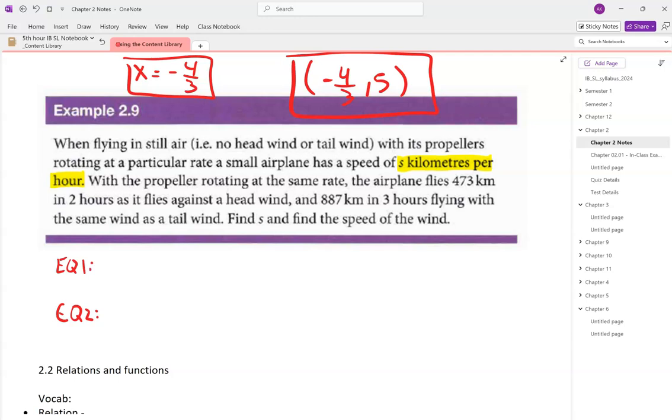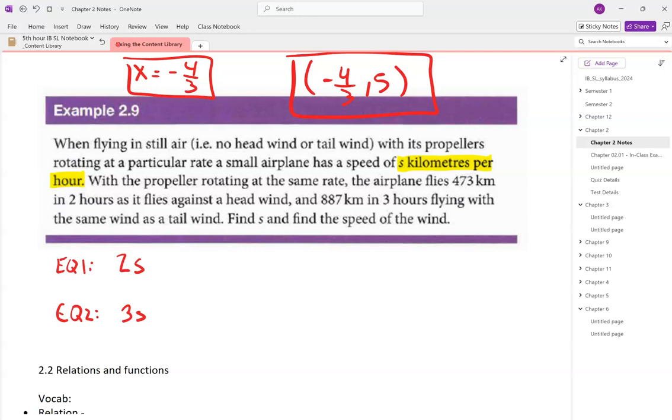If your variable's a rate, the number that it should be multiplying should have the unit in the denominator of your rate. So if S is in kilometers per hour, I need to be multiplying S by hours. So in the first equation, I'll have 2 times S. In the second equation, I'll have 3 times S.